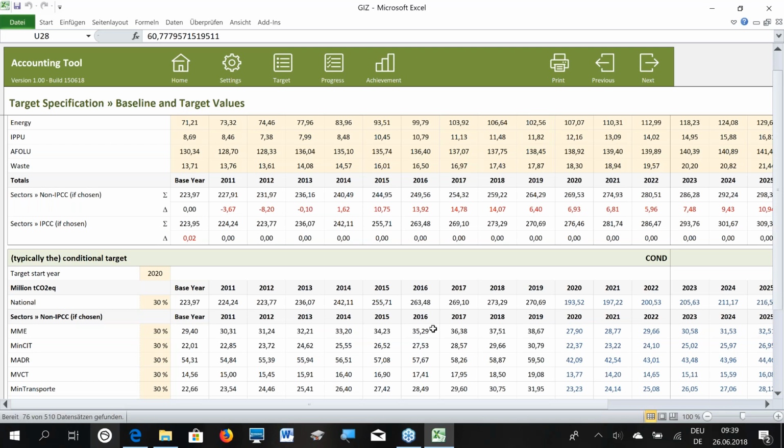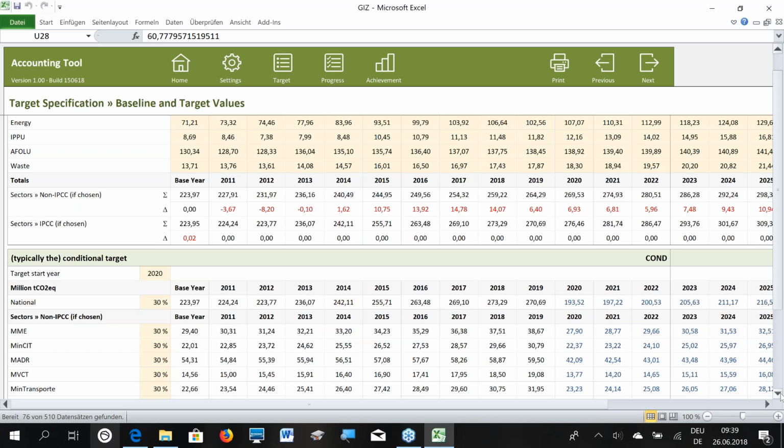But again, for transparency and the purpose of facilitating the NDC implementation in the country, a breakdown as just shown before might still make a lot of sense.